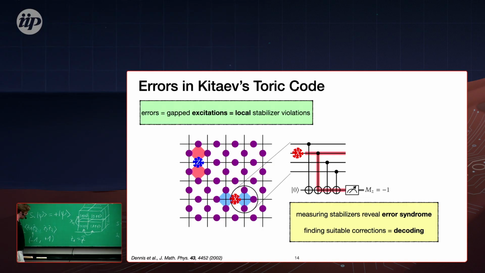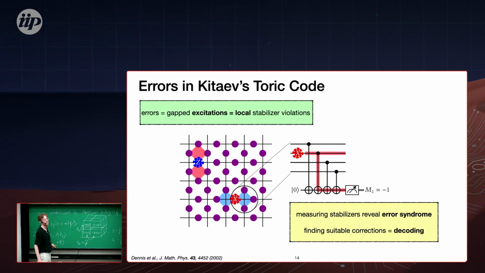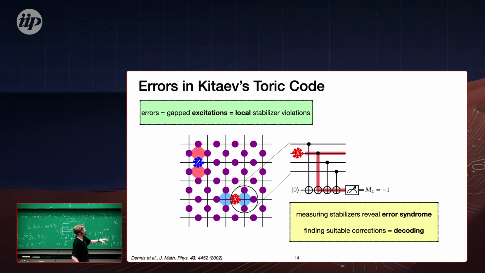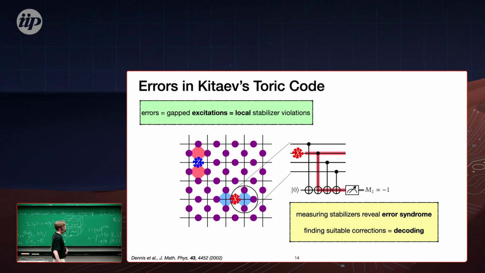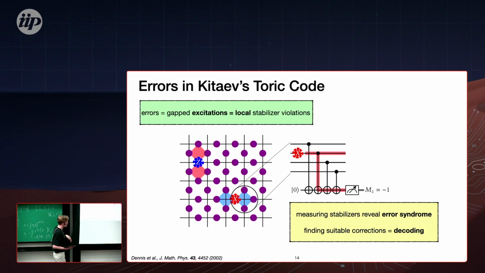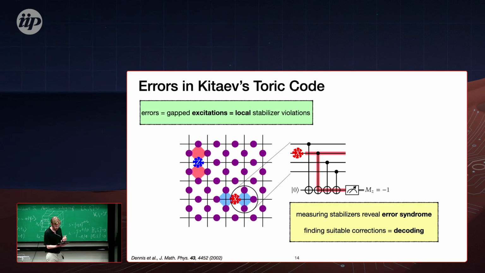For different errors, x1, x2, x3, we had different syndrome vectors and then could map it in a lookup table back to the correction that we want to apply. A similar thing we will do for the toric code. We will measure the stabilizer generators, and again, if an operator like the Z operator that we measure anti-commutes with the error, then we will get a -1 measurement outcome, which then signifies the occurrence of an error.